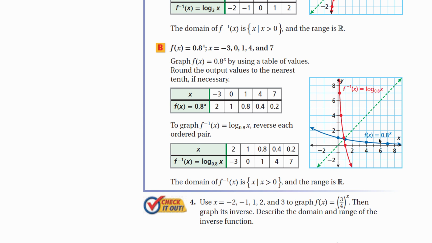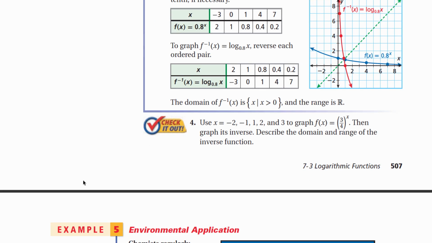What's the domain of the original? The domain of the original is the set of all real numbers, and so that's the range of the inverse, the set of all real numbers. All right, go ahead and pause the video. Try checking out problem number 4.